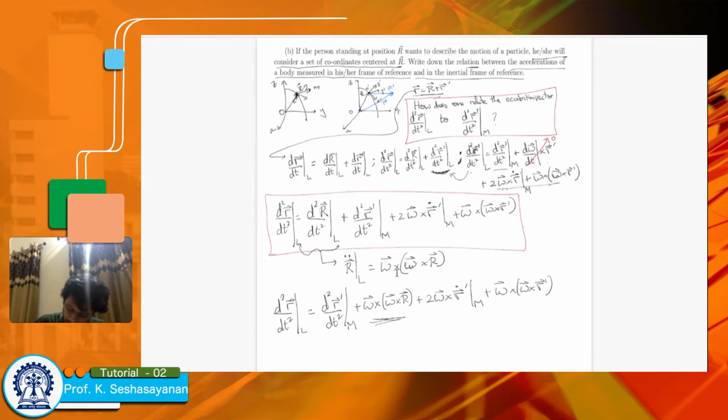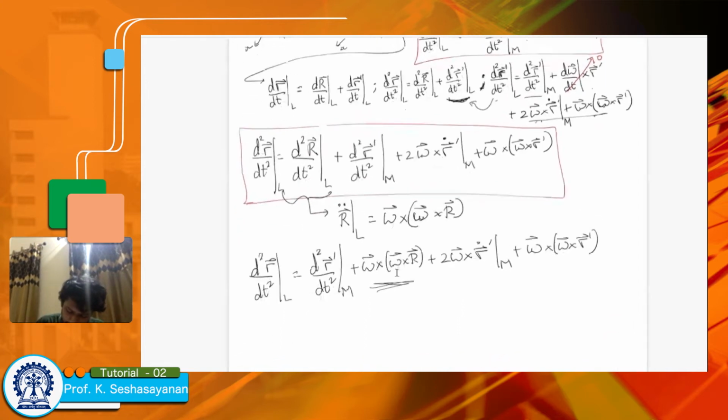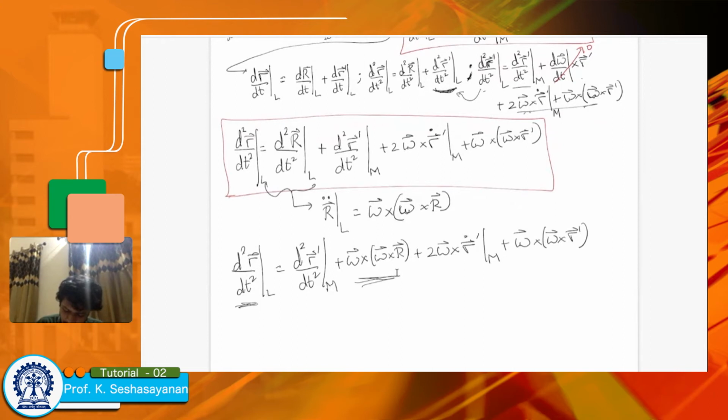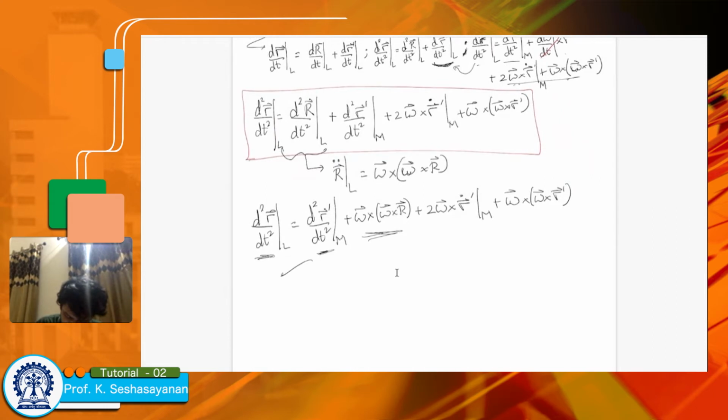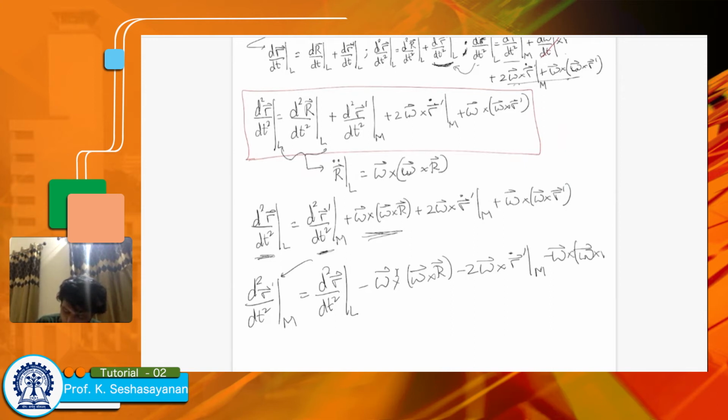Now we have the expression for the acceleration of the position measured in the lab frame in terms of the acceleration of the position vector as measured in the non-inertial frame, along with these extra terms, and we can write it the other way around also: d square r prime by dt square in the moving frame equals d square r by dt square minus omega cross omega cross R minus 2 omega cross r prime dot minus omega cross omega cross r prime.